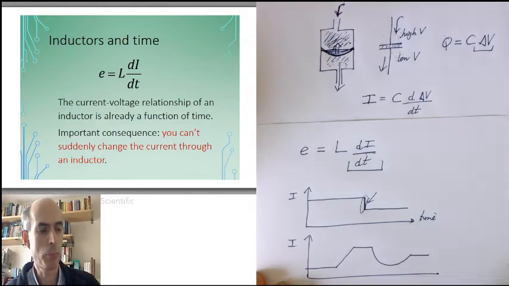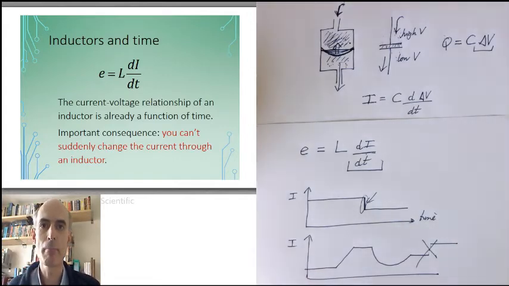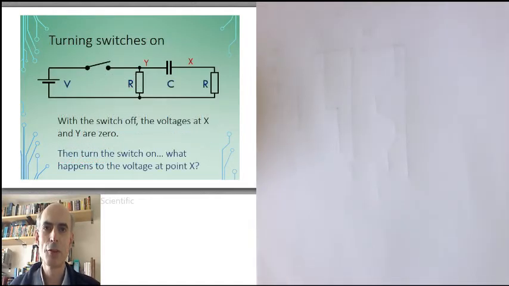But there is never a point where it does something like that and has a step change. Can't happen. Mostly. We'll come on to an exception a bit later. But it's the kind of exception that only happens with ideal components in simulations and doesn't happen in the real world.